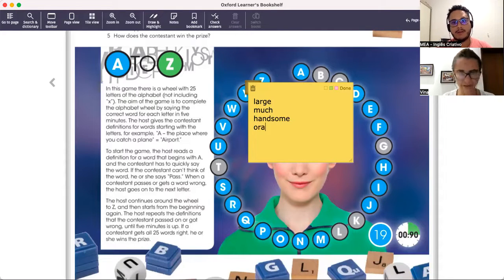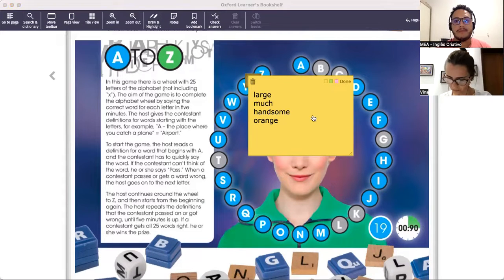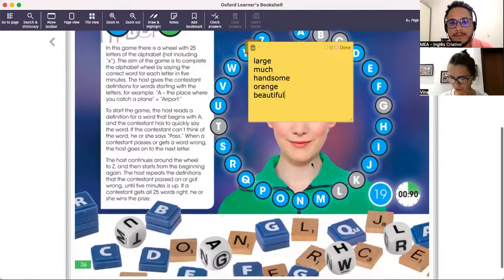Orange. Yes. That's all? Perfect. Beautiful.